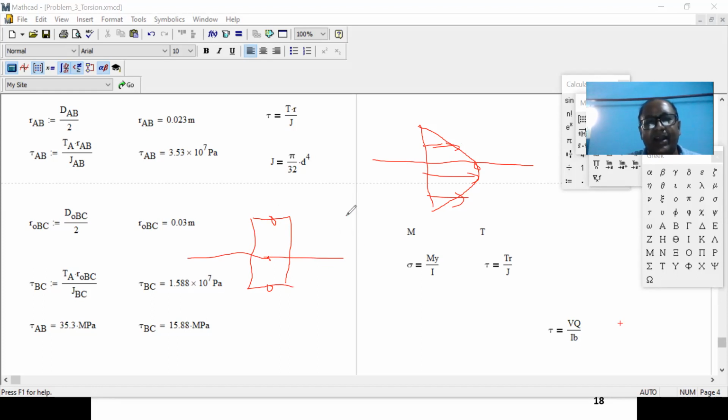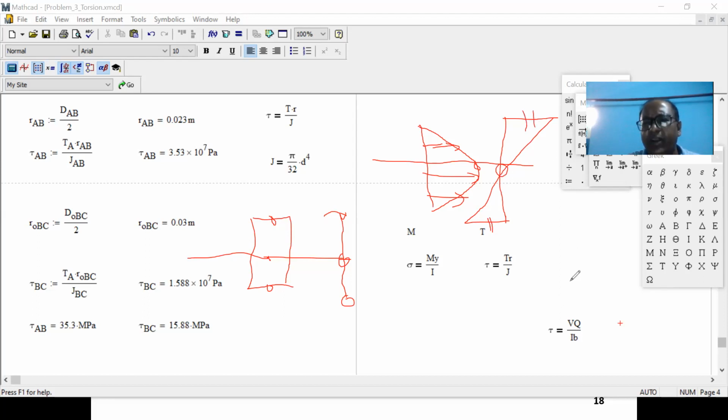But in torque, the shear stress due to torque is maximum at the outer fiber, and right over here it is 0. So in torque, your shear stress distribution becomes like that. That means at the center it is 0. Over here, this is tau.